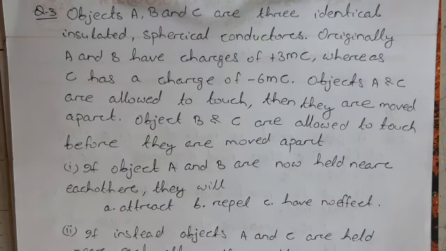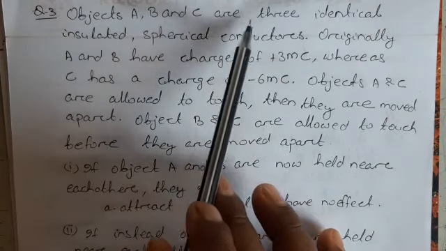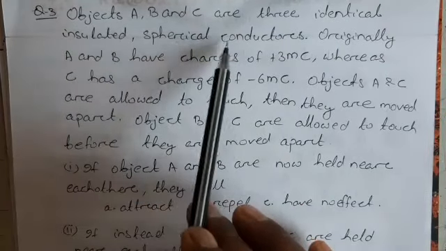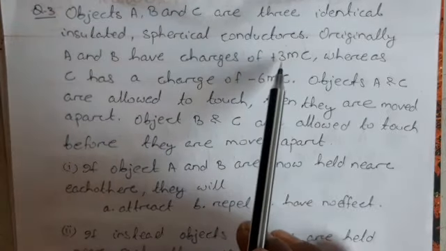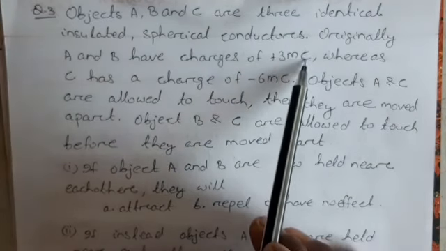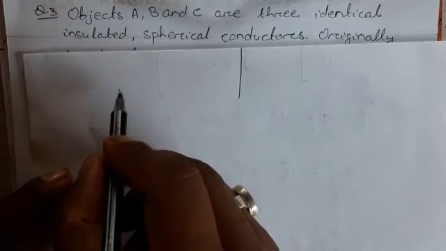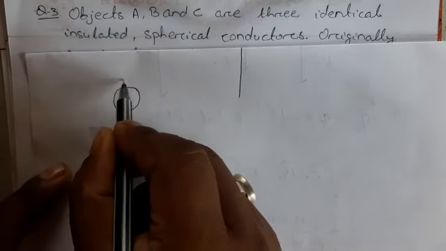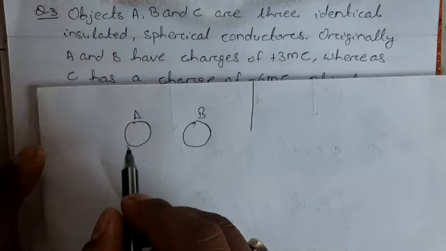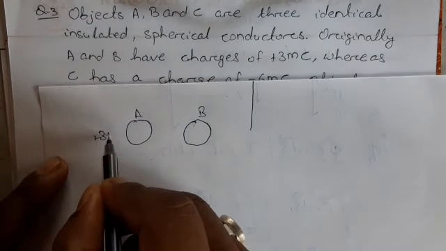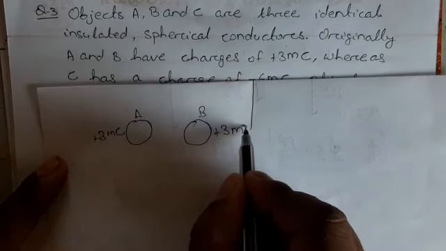Question number 3. It was given that objects A, B, C are 3 identical insulated spherical conductors. Originally A and B have charges of 3 millicoulomb. MC means millicoulomb. So I will take A and B. A's charge will be +3 millicoulomb, B's charge will be +3 millicoulomb.